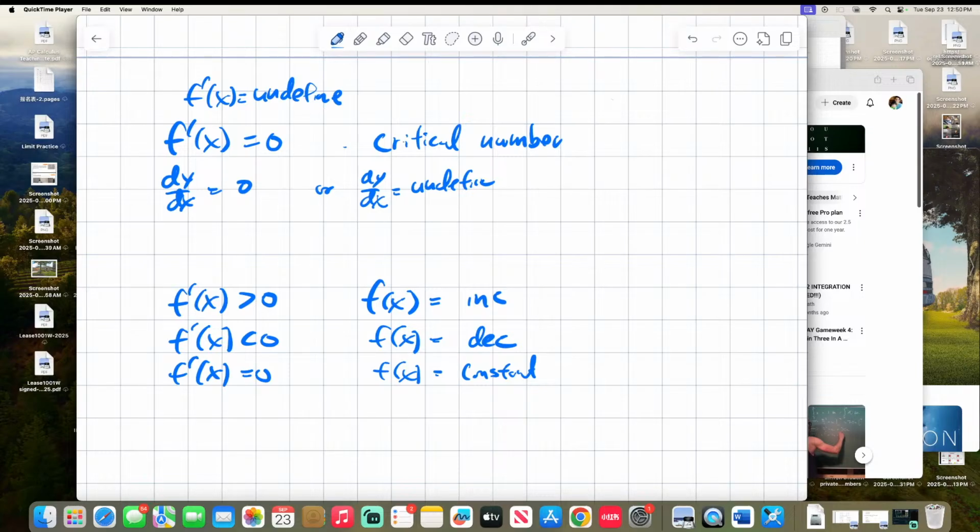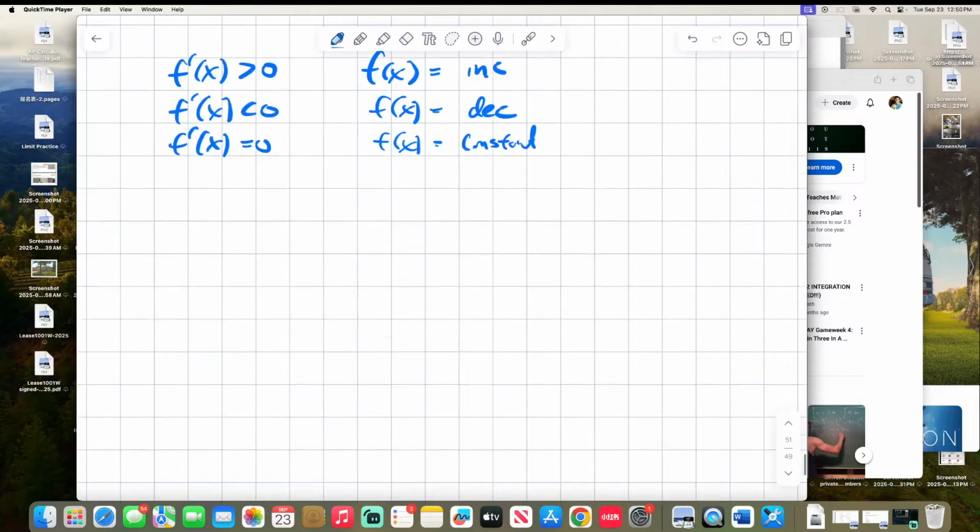Now, here's my first part of the test. Do you guys know what the first derivative test is? Do you remember what the first derivative test is? Nobody remembers from last year? What's the first derivative test?